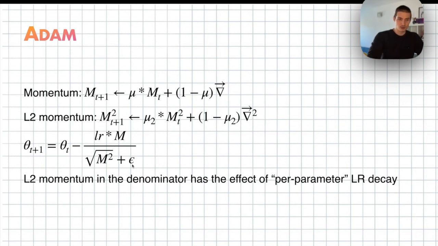So each parameter will have its own version of the denominator that depends on the total value of the component of the gradient with respect to this parameter that we have seen in the past, which might be really useful if the parameters are completely different, right? Because some of them might need a big learning rate, some of them might need a small learning rate. Having this per-parameter decay helps achieve that.